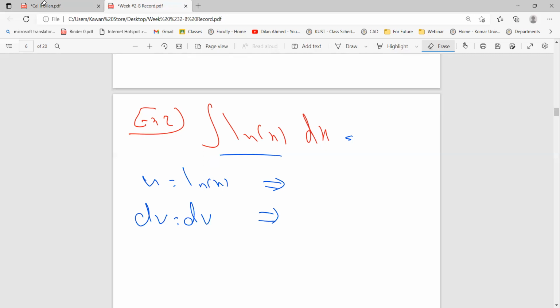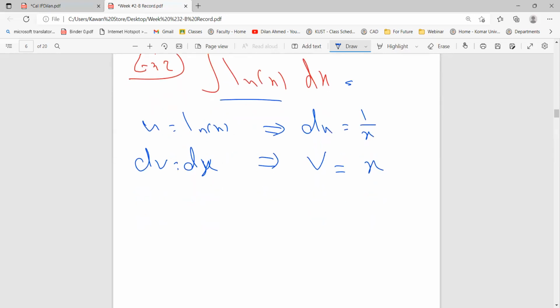So du is what? The derivative of ln is 1 over x. And dv equals dx, so v equals x.